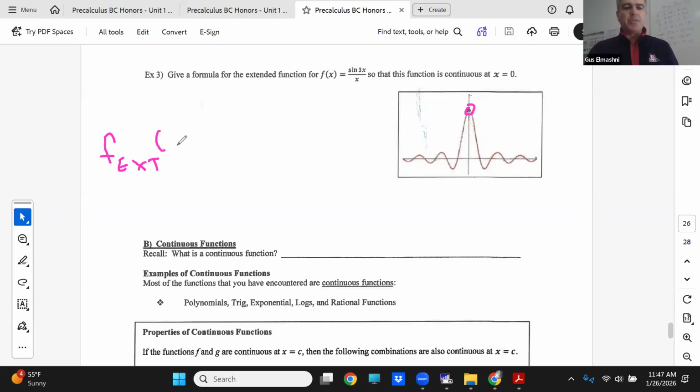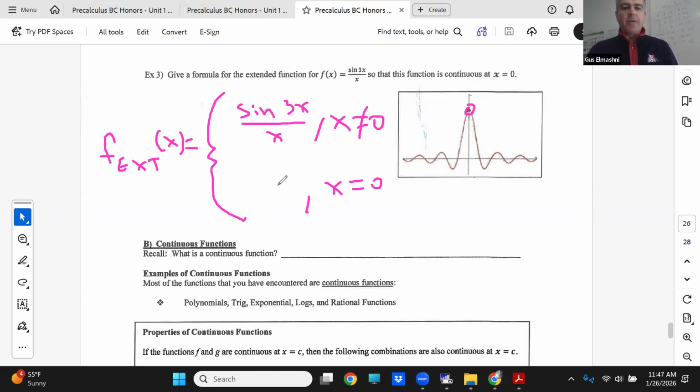And I actually should put parentheses around x, by the way. I got a little lazy. Sine 3x over x. And this is true when x does not equal 0. But when x does equal 0, what do I want? There you go. Done. That's it. It's not that hard. It's really simple.